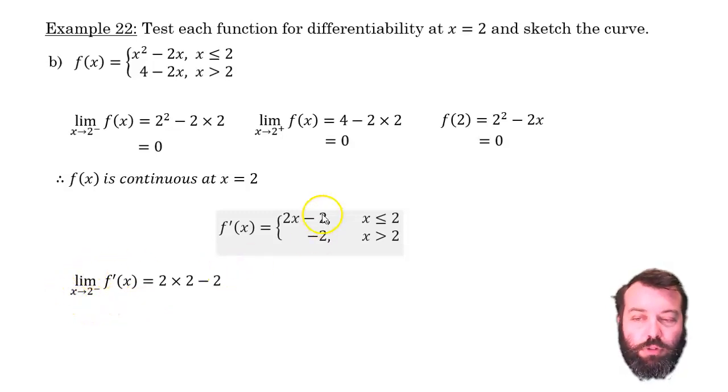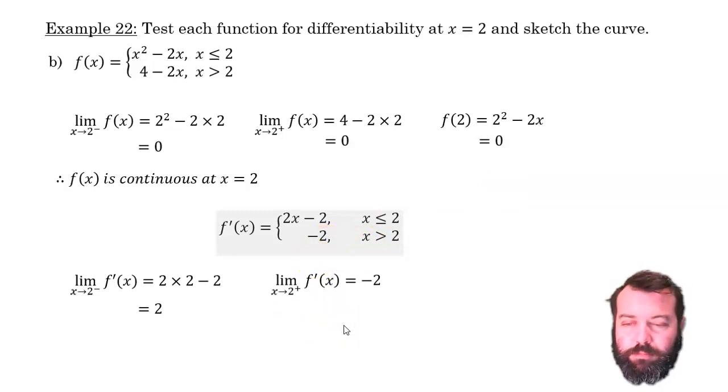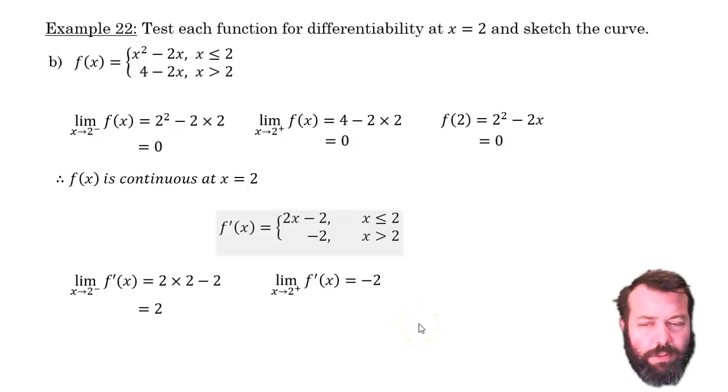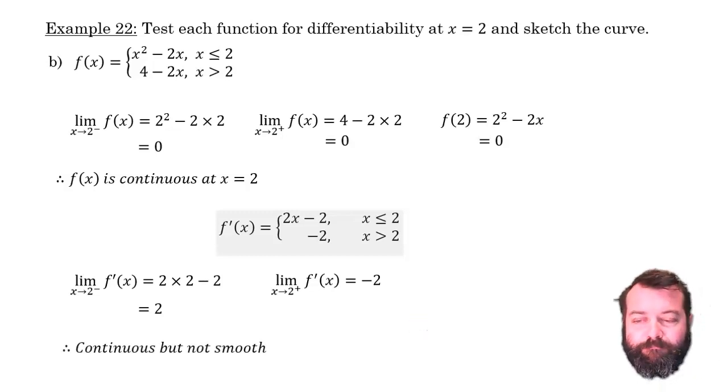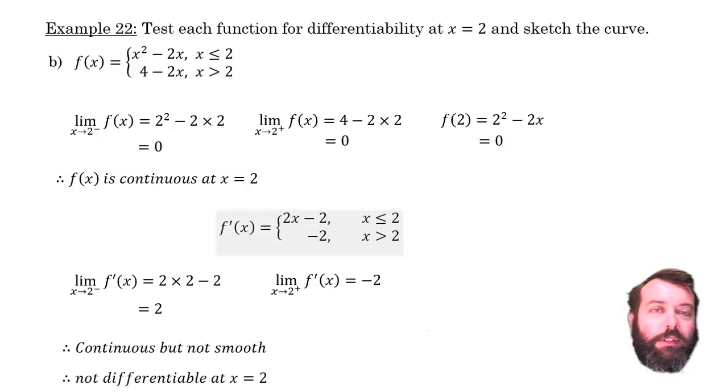If x is just less than 2, it's 2x minus 2, which would be equal to 2. If x is just greater than 2, then I use the other rule, and that's equal to negative 2. That's a constant. And 2 is not equal to negative 2, so this function, while it is continuous at 2, it is not smooth at 2. Continuous but not smooth means it's not differentiable at x equals 2.